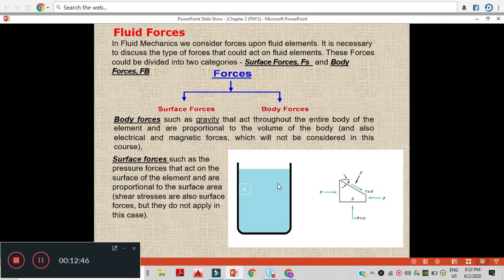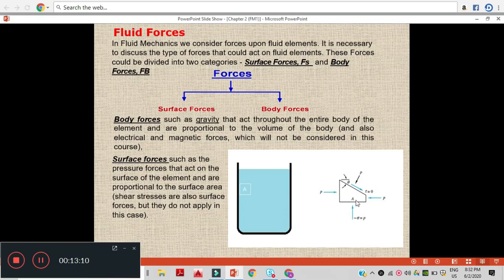Basically the body force acts throughout this volume, but when you talk about this small element, what is its body force? That means the mass of the body, and so the weight of the body gives you the body force.